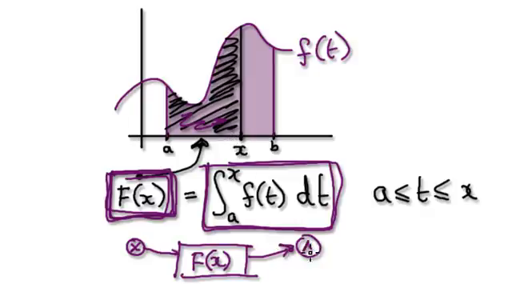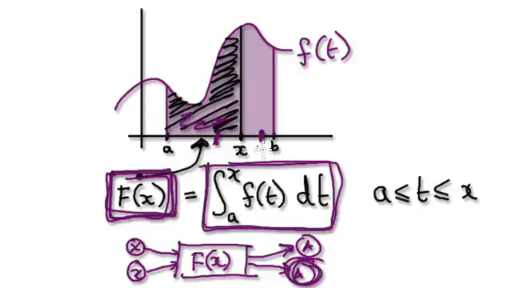So suppose x is here. If you put this value into this function, it will spit out one number, and that one number represents the area.